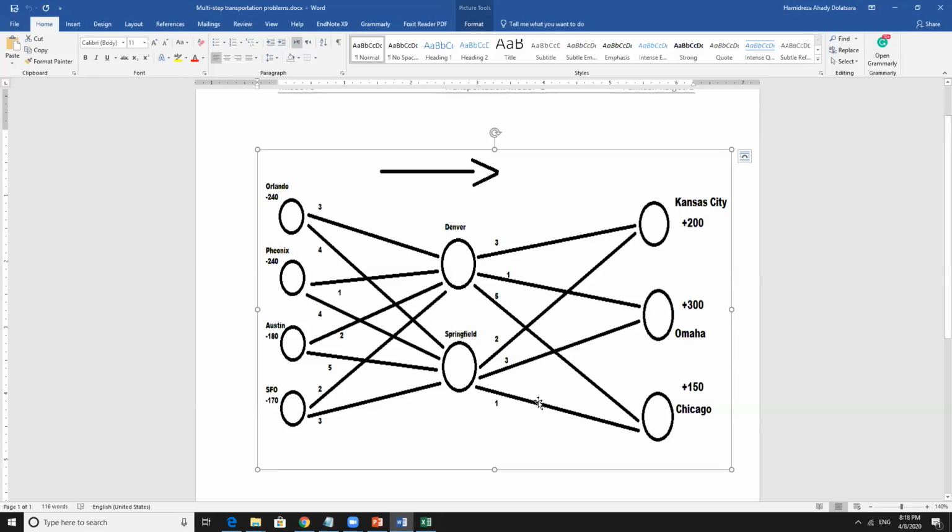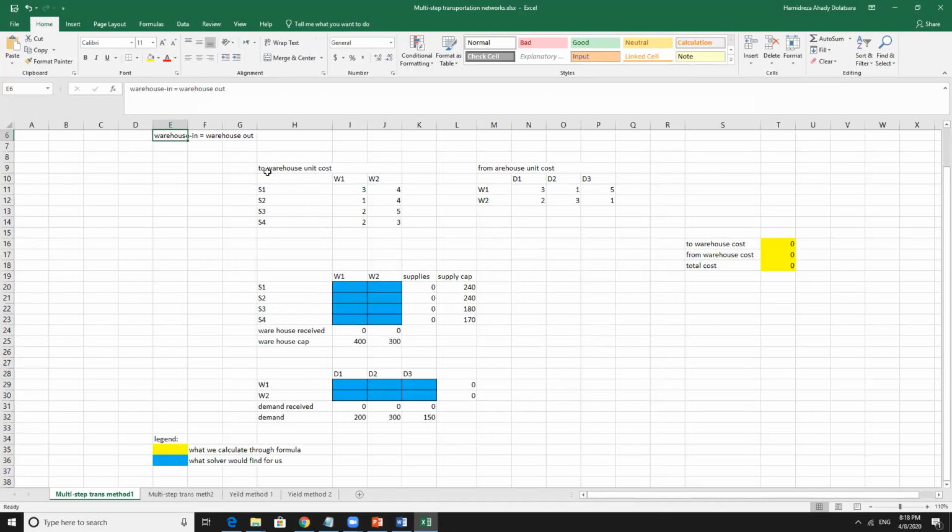So these link costs are used to make these two tables. The first table is the transportation cost to the warehouse. The second one is the transportation cost from the warehouse to the customers. And in this problem, we need to know how many goods should be sent on each link.